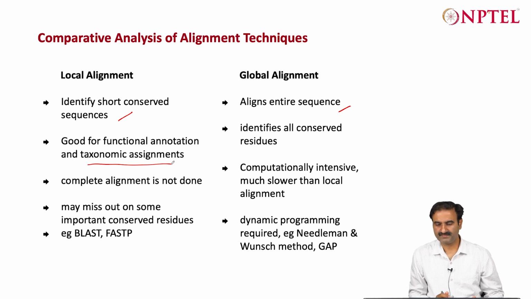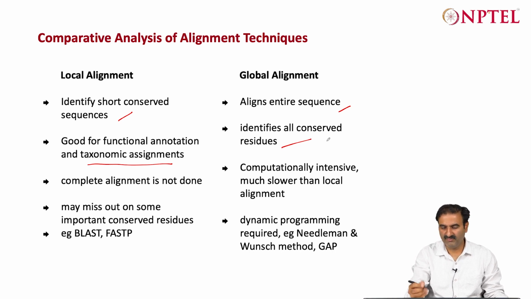So local cannot identify each and every conserved residue, only regions, whereas global can identify even single residues which are conserved with gaps on both sides. That is why global can be more useful to identify conserved residues which could be more important for the criticalities of the protein function.